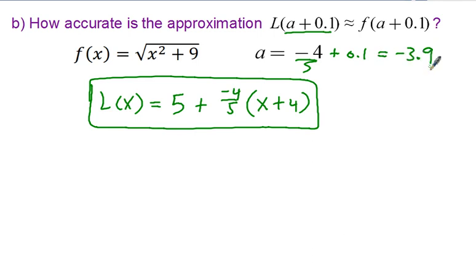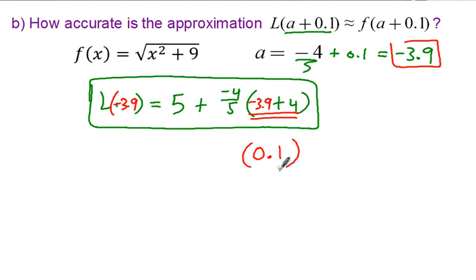So let's see how good our approximation is by plugging in that particular x value of -3.9. So -3.9 is going into this formula. And if you do 4 take away 3.9, you get a tenth. So we'd want -4/5 of a tenth plus 5.